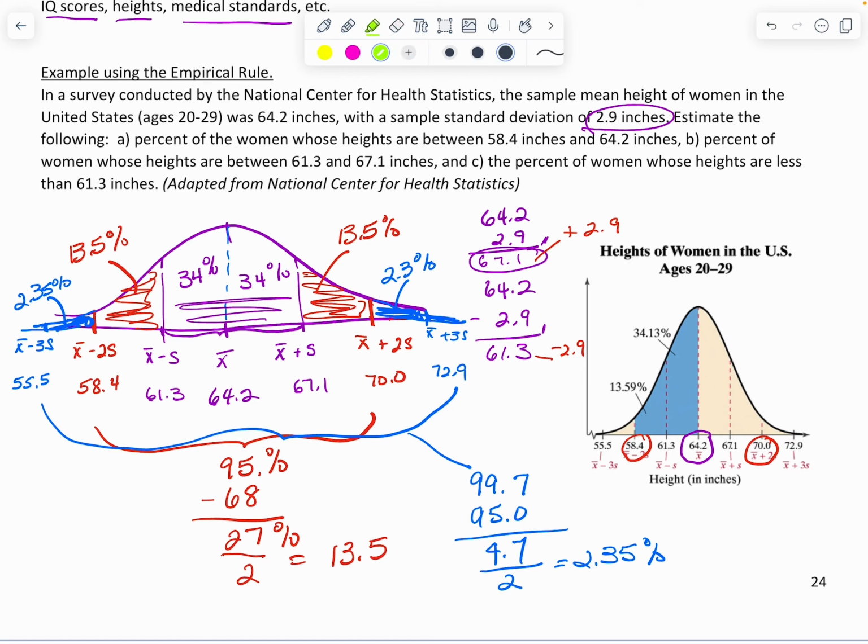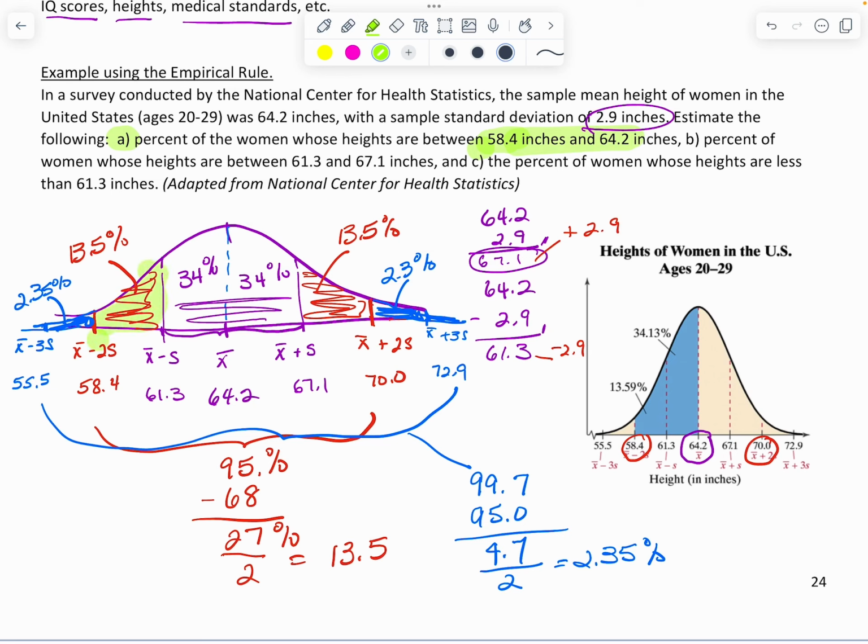So my question then goes back to, in a survey conducted, the sample mean is all of this information with the standard deviation, all of it's given to us. A, find the percent of women whose heights are between 58.4 and 64.2 inches.